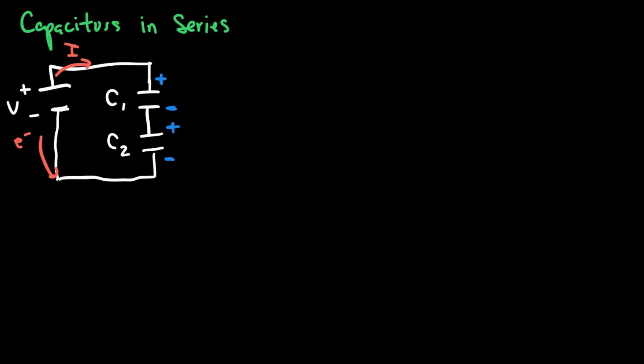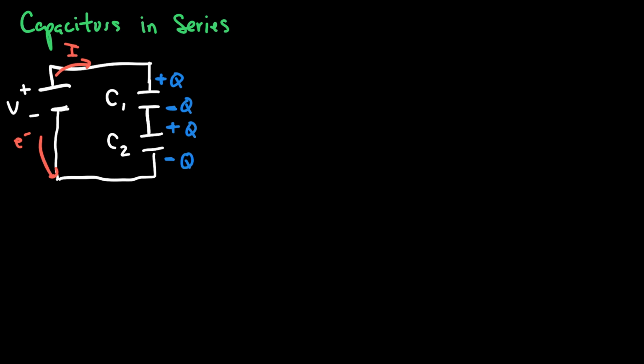And by the conservation of charge, I can't have more positive charge that accumulates on the top of C1 than I have negative charge that accumulates on the bottom of C2. And the plates of the capacitors are not going to be charged differently themselves. And so for that reason, we have a charge plus Q on the top plate, minus Q on the bottom plate of C1, plus Q on the top plate of C2 and minus Q on the bottom plate of C2.